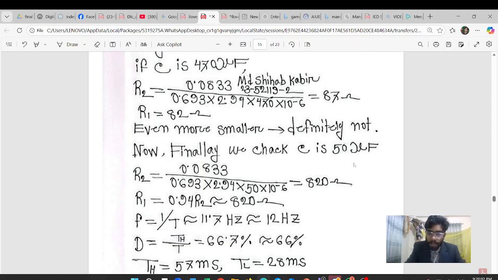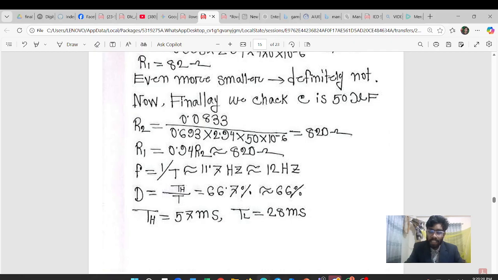For the capacitor 15 microfarad, I calculate R2 equals 820 and R1 equals 820, and frequency equals 12 Hz. For duty cycle, calculate TH by T, and we calculated 66%, which is similar to my duty cycle value according to my ID.